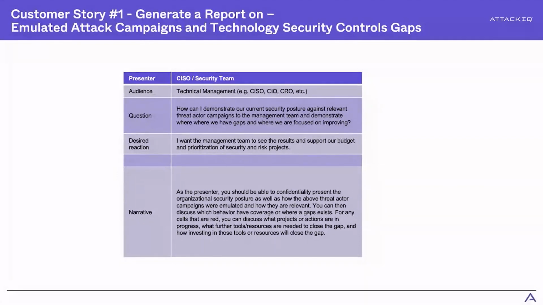In this case, you want to be talking to the technical management team, and you want that reaction to be, look where our gaps are. Here's the budget or the resources that we need in order to improve. And again, this is true of any reporting, but what's powerful about Jupyter Notebooks is this can be done in real time.